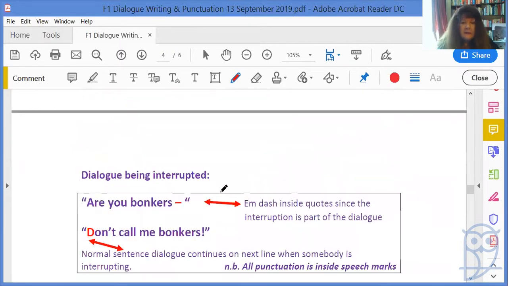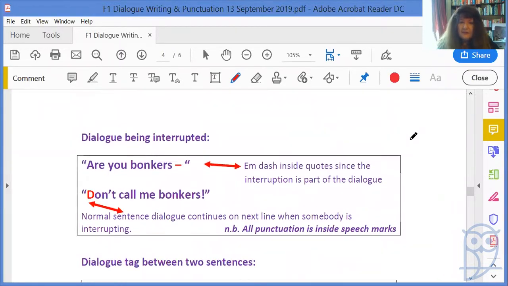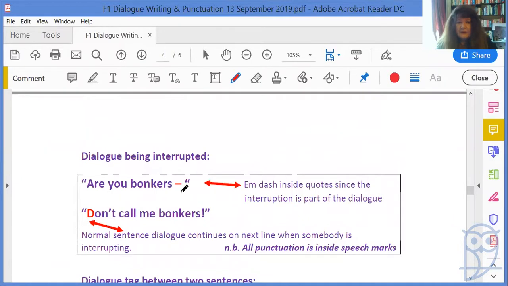Okay, right, here's some dialogue being interrupted. Again, you've got an M dash, but just one. "Are you bonkers?" And he was going to go blah, blah, blah. But the other person spoke up quickly, "Don't call me bonkers." So, "Are you bonkers?" Whatever he was going to say. So you've got an M dash inside the quotes because the interruption is part of this dialogue.